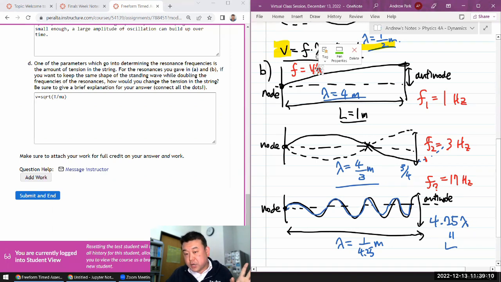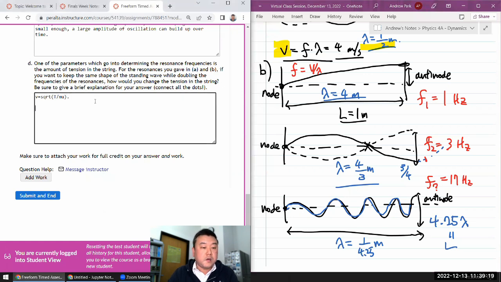And the wavelength won't change because this pattern won't change. So the wave speed needs to increase by a factor of 2.